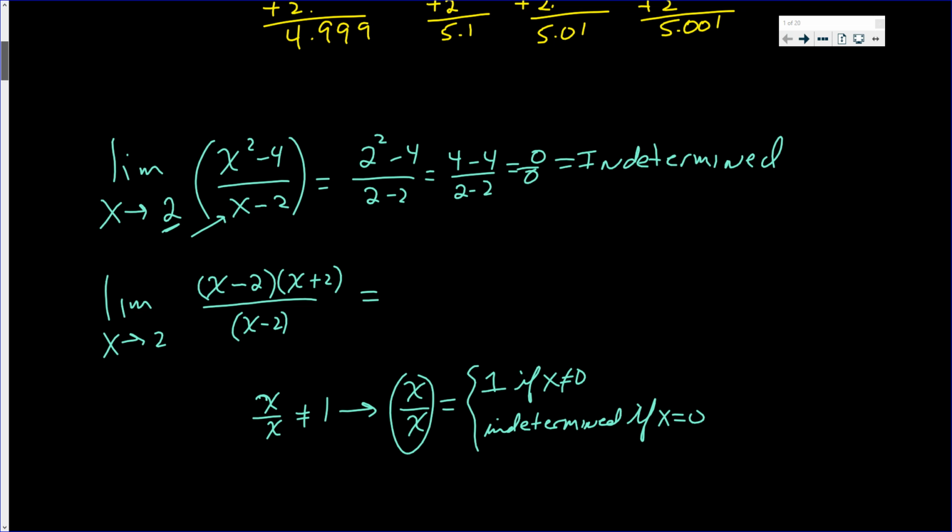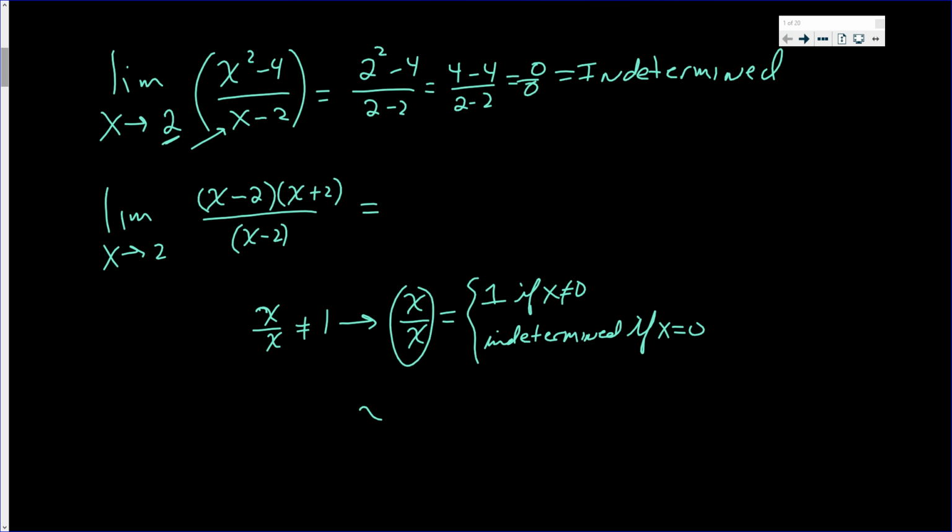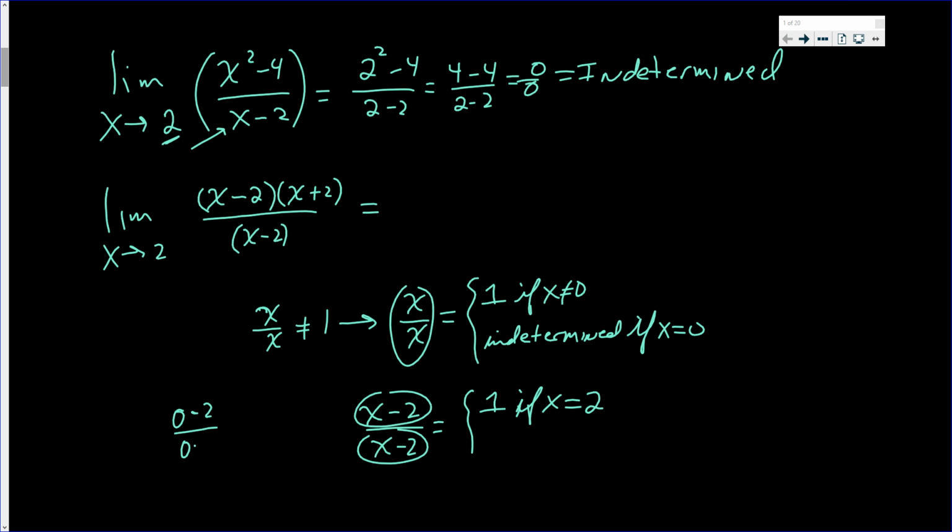if x is 0. Now, same thing with x minus 2 over x minus 2. As long as this is not 0 over 0, you get 1. But when do you get 0 over 0? When x is 2, not 0. 0 minus 2 over 0 minus 2 is negative 2 over negative 2 is 1.